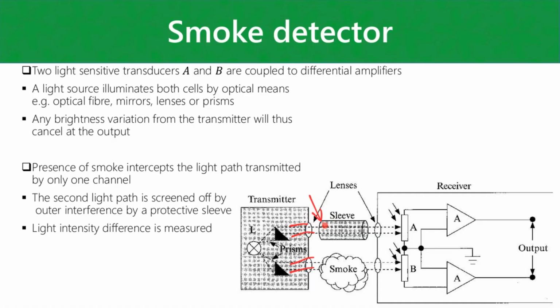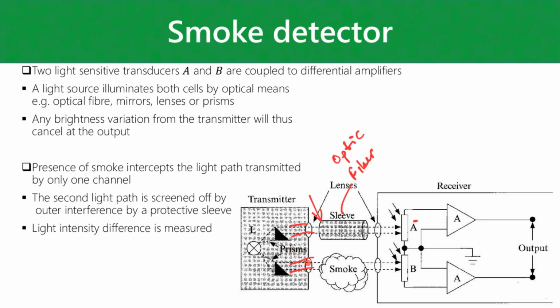So your reference light is there, and that will typically be run in a sleeve, or it can even be fiber optic. If that is fiber optics, that will lead the light towards a light sensitive resistor, which is then attached to a difference amplifier.